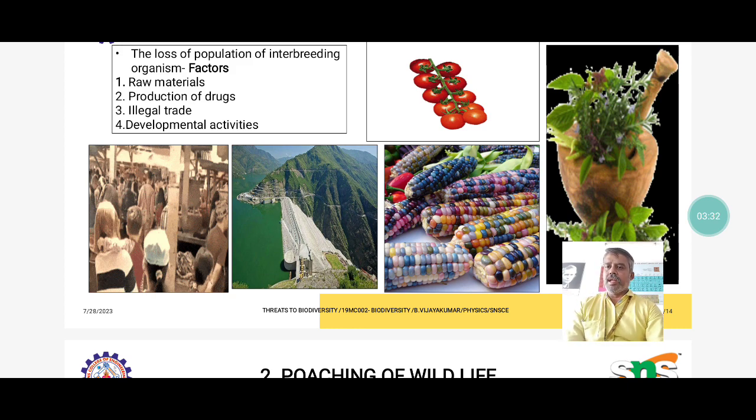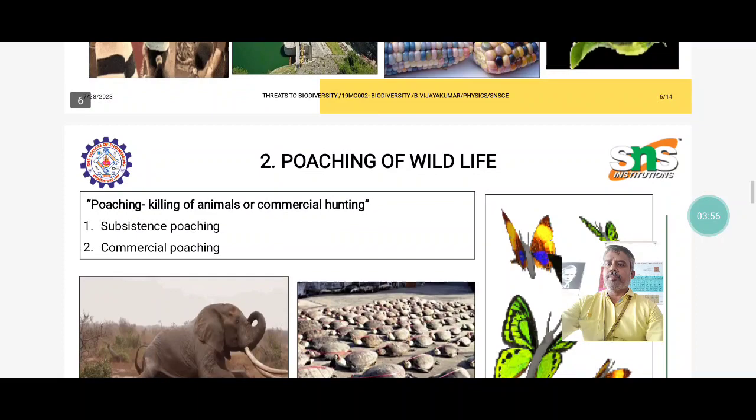One is raw materials, which will be decreased, so we cannot create new types of material or new types of drug production. Then illegal trading and developmental activity. All of these affect the loss of population of interbreeding organisms.